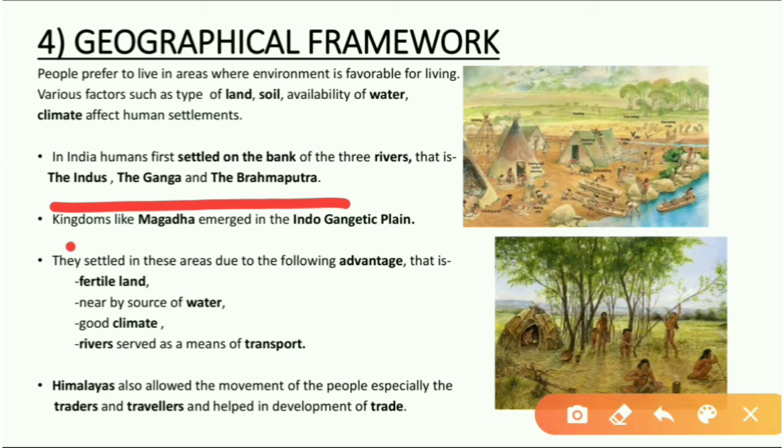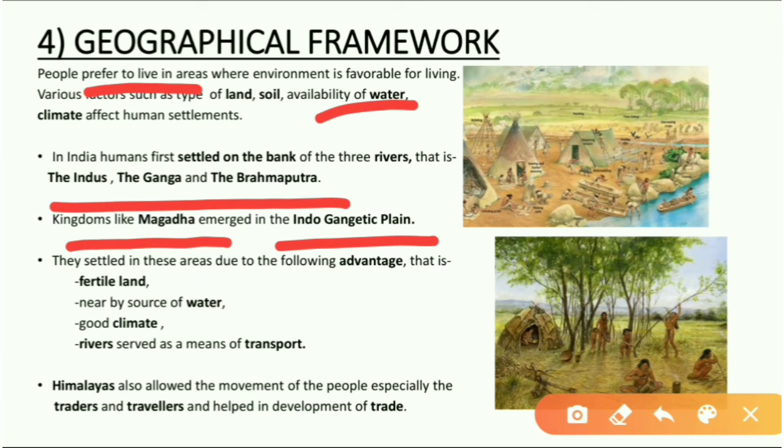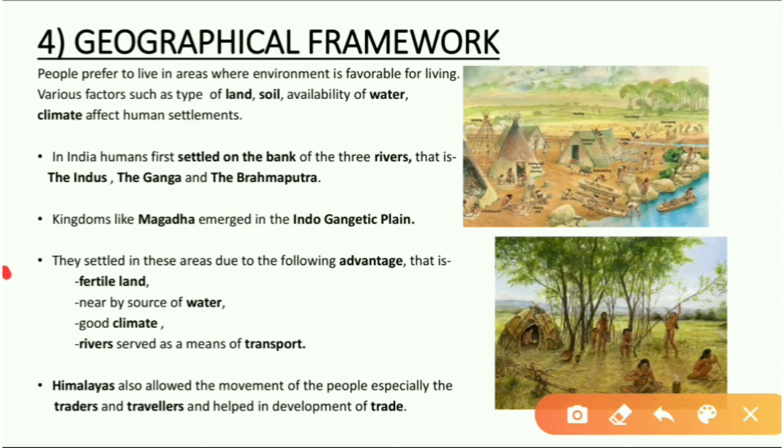Early people preferred to live in areas where they could find sufficient water, good climate, or a good type of land or soil. Generally, the early humans settled in these areas due to the following advantages. And what were the advantages? The first was fertile land.